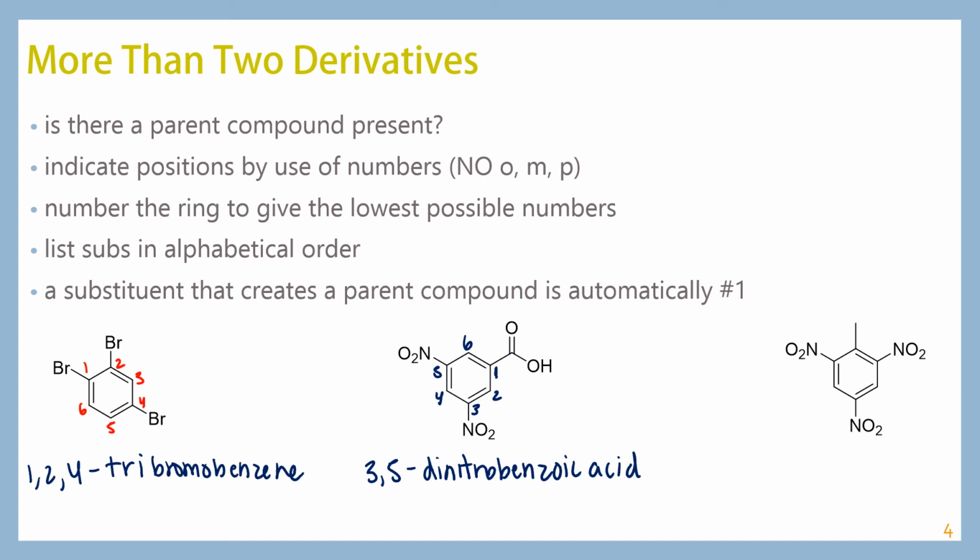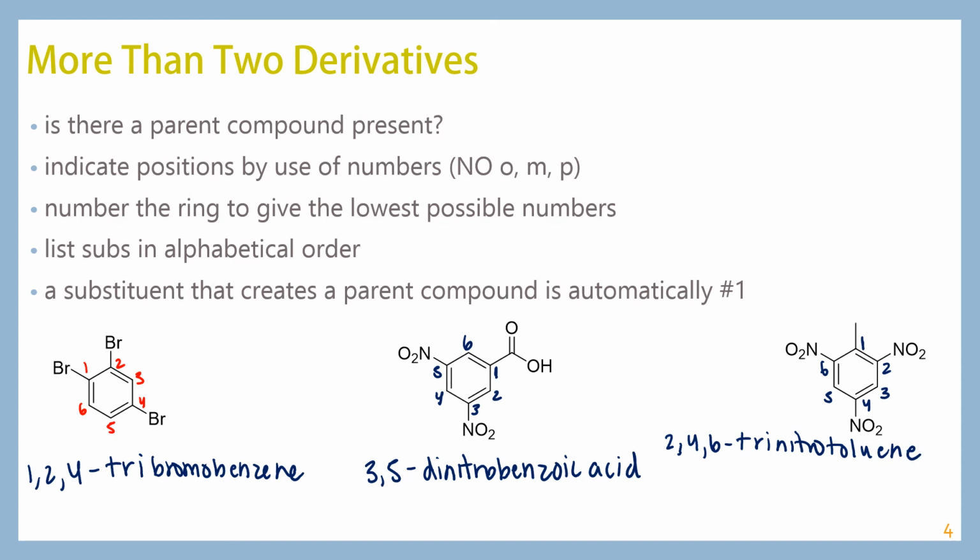Now in our last compound, we have toluene present as a parent, and we have 3 nitro substituents. So this is automatically carbon number 1, and then we have the same situation of it doesn't matter which direction we number in. So the name for this compound is going to be 2,4,6-trinitrotoluene.